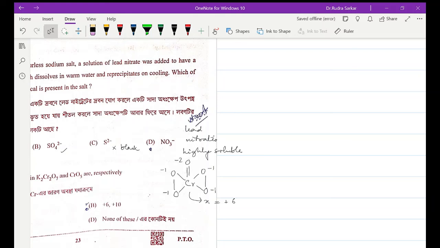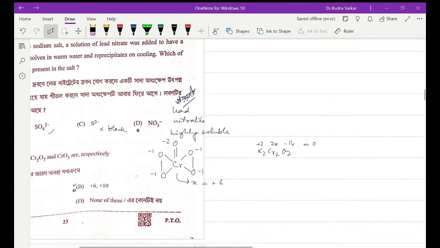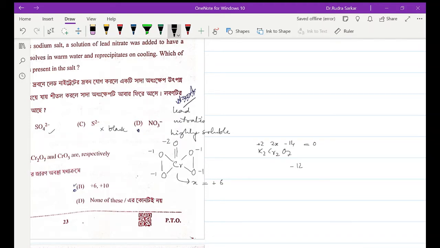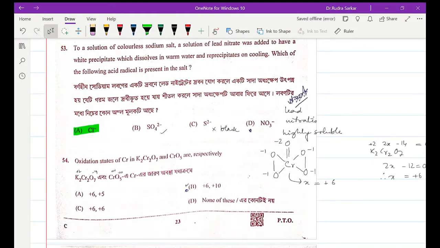In case of dichromate, this is minus, so this will be 14. Say this is 2x, and this is equal to, since this is +2 and the whole thing is now neutral, we will say it is going to be -12, 2x equal to 0, therefore x value will be equal to +6, and so we will say the answer over here is this one.